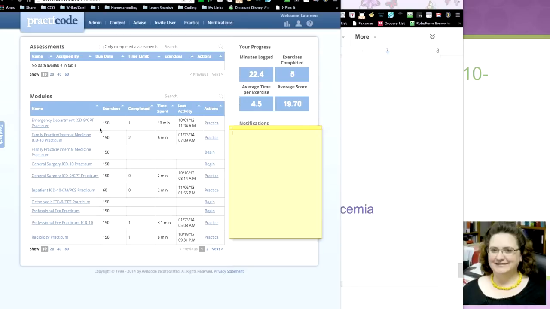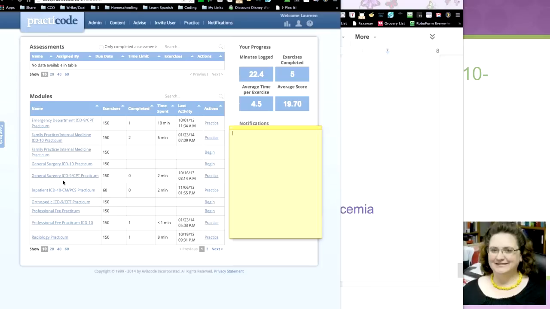And here's an example of the different categories that they have. They're adding more all the time. If you enroll in Practicode through CCO, we have unlimited access to all the exercises, whereas on their commercial site, they limit it to a set number of cases.